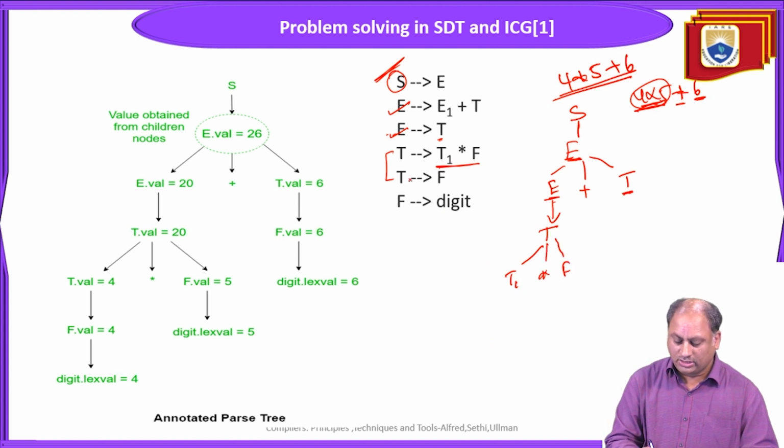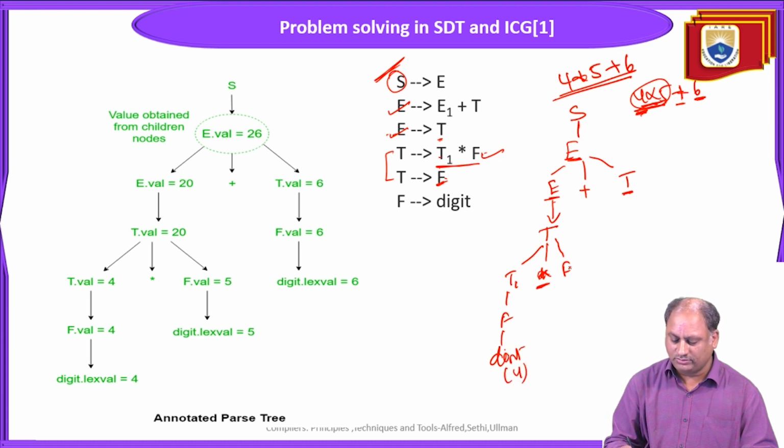T contains either T star F or F. Here we already considered T star F, but there is no need to get the star operation again because we consumed the star operation. If another star were required, we could perform it once again. But here only the 4 is required, so T derives F is required. F means digit, and that digit is considered 4.